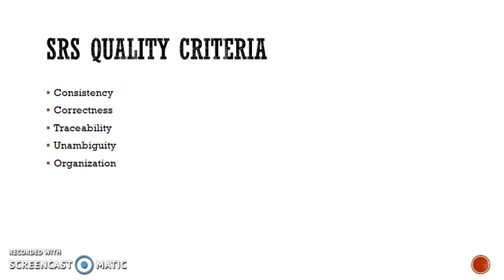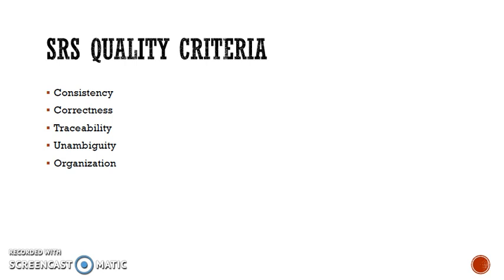In the SRS quality criteria, there are a lot of them, but some of them are consistency, correctness, traceability, ambiguity, and the last one is organization.